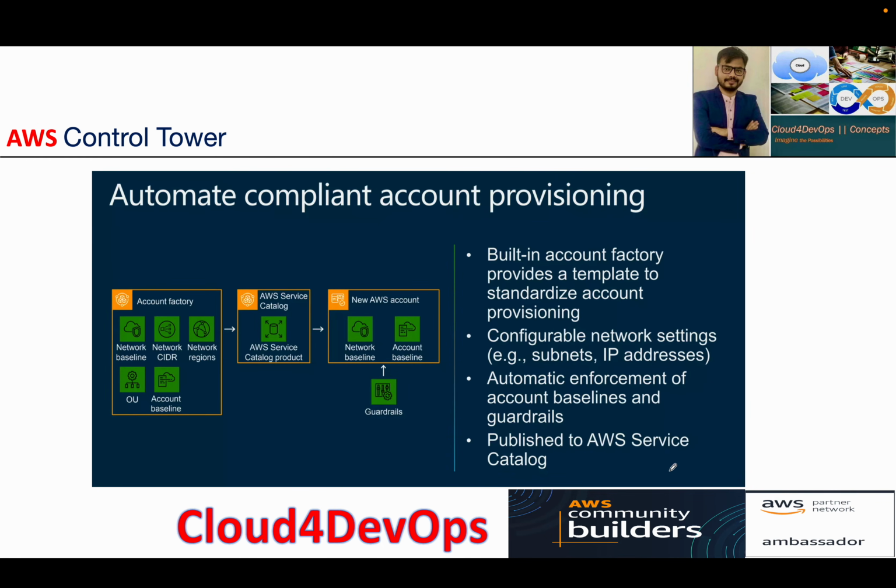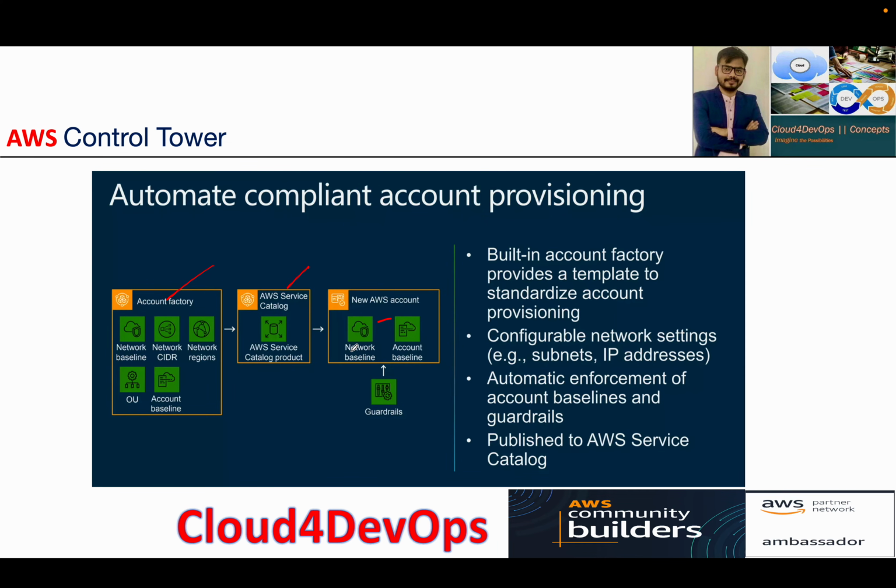Perfect. Automate the compliant account provisioning. That's where Service Catalog comes into the picture, what we call an account vending factory or account factory. It will help us set up the account factory with compliance and secure activity with Service Catalog. And that's where you get all the new accounts with predefined guardrails, SCPs, and baselines applied on top of the new accounts.